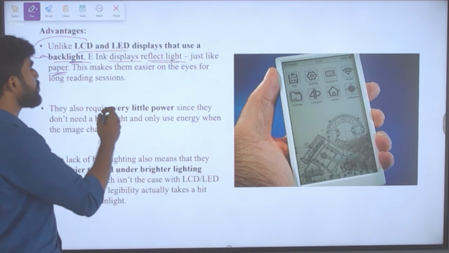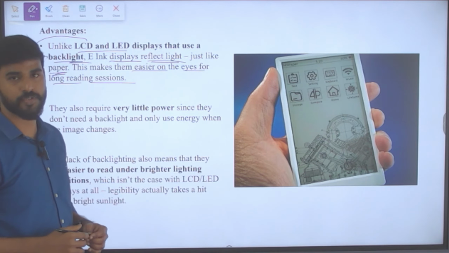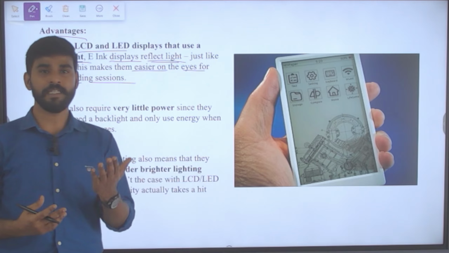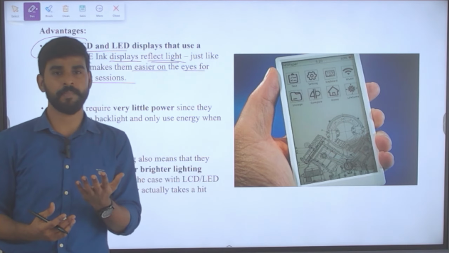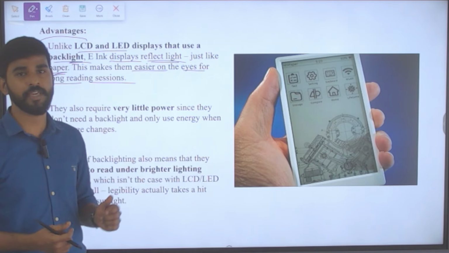This makes them easier on the eyes for long reading sessions. For long reading sessions, viewing an LCD or LED display might be a big strain on your eyes, but this won't be there in the case of e-ink displays.